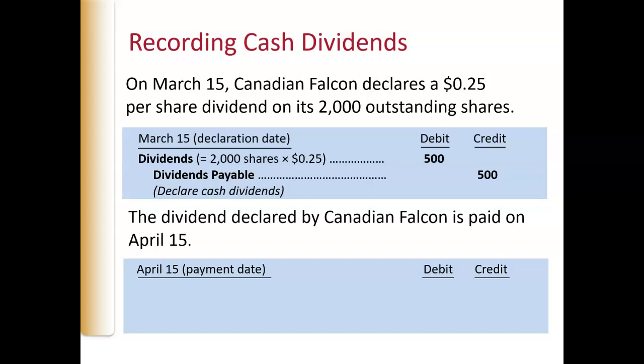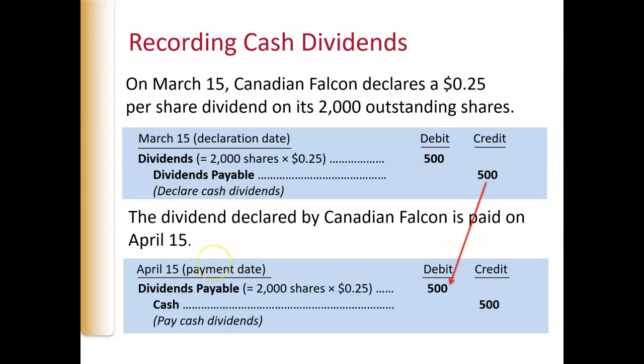On the record date, we're not going to record anything. The record date just means that people who are shareholders on that date get the dividends. But when it's paid on April 15th, we debit our dividends payable and we credit our cash.